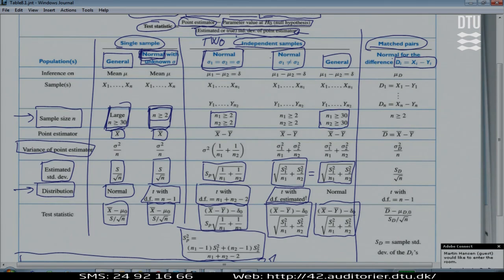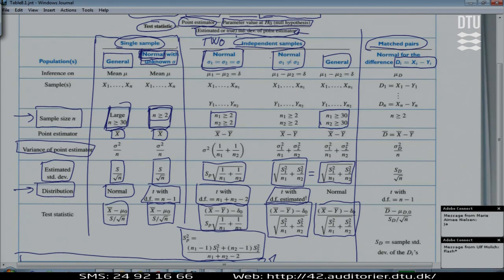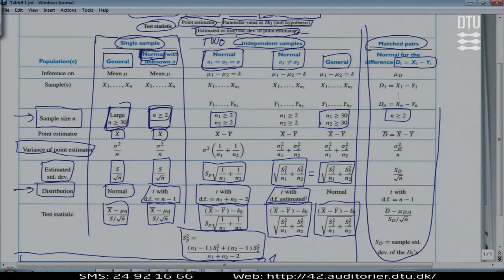And having done that, we wouldn't actually need a column in the table. We could just reuse the single-sample columns, and then only one of the two columns is stated here, namely the one where I do not assume large samples. So basically, this column here resembles this one, assuming small samples, or not assuming large samples.